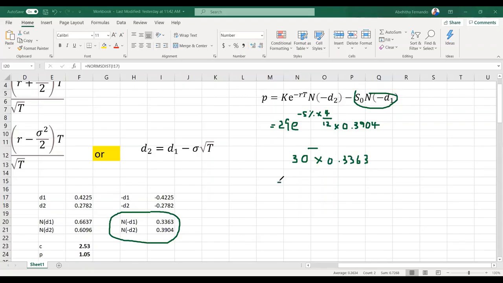Calculate and get the answer for a European put. What would be the price under the Black-Scholes model?